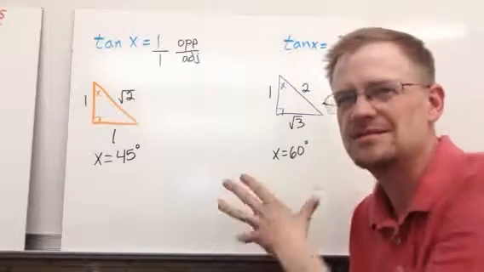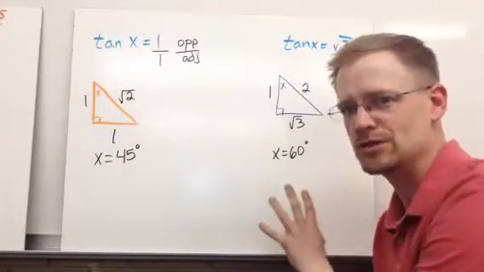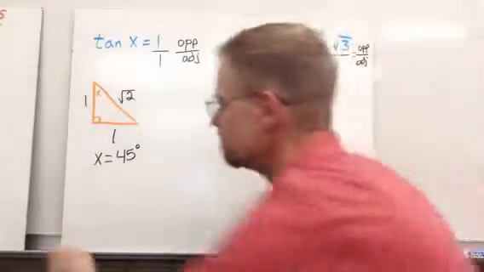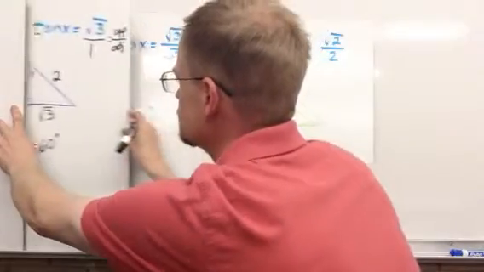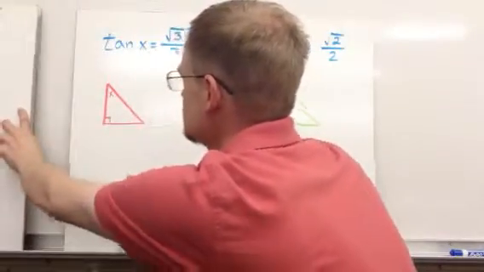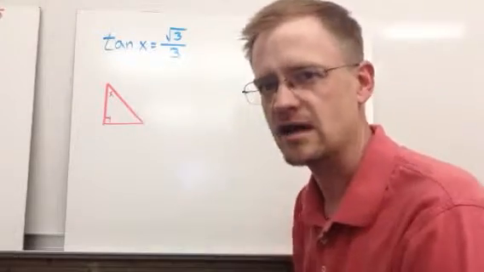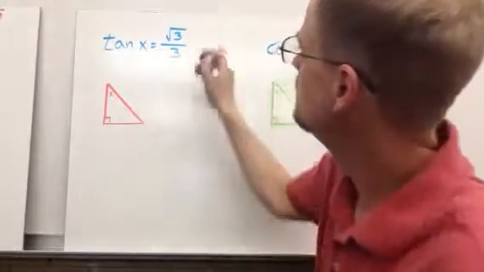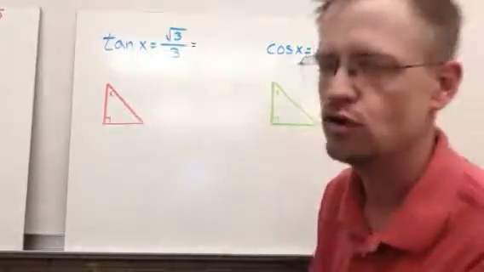Well, the problem is we're not going to deal with everything that works perfectly all the time like these two special triangles. Most triangles aren't. So we need another strategy. In this case, the best strategy is just the calculator. Let me show you why it's hard to do these always intuitively. The tangent of x equals square root of 3 over 3, and we want to find x.